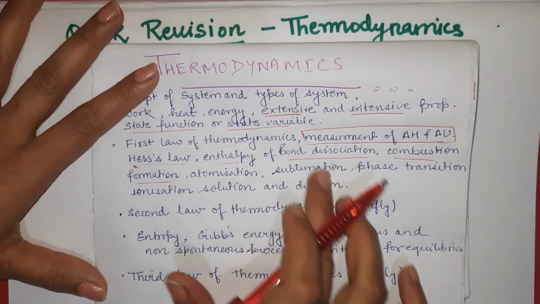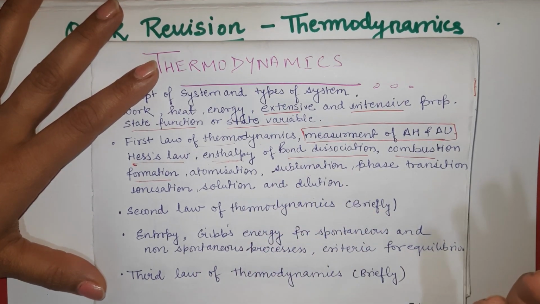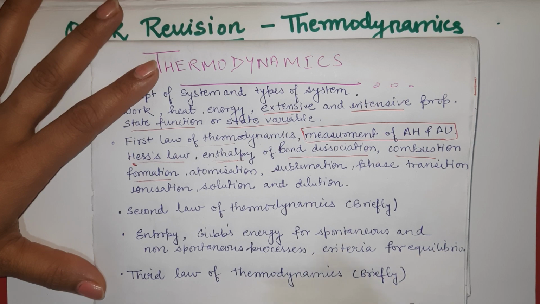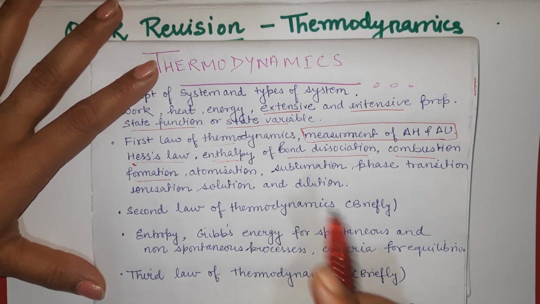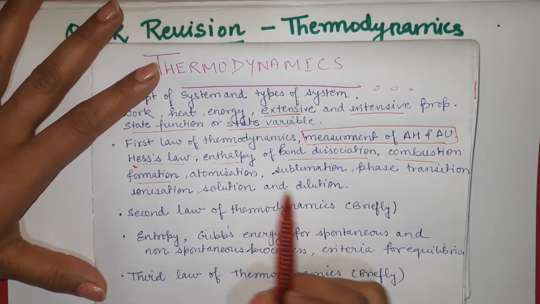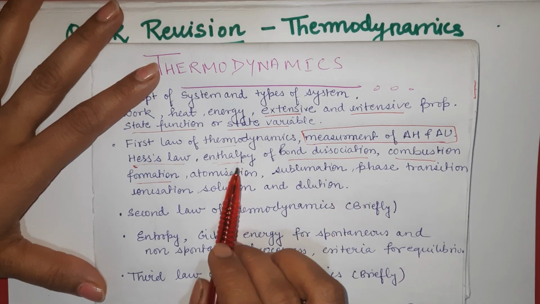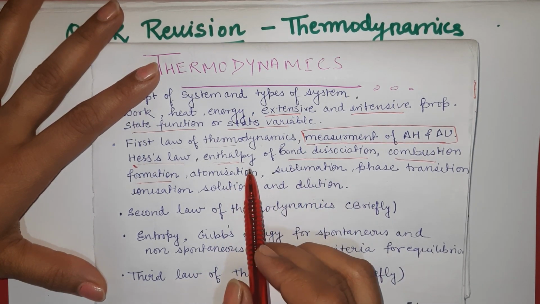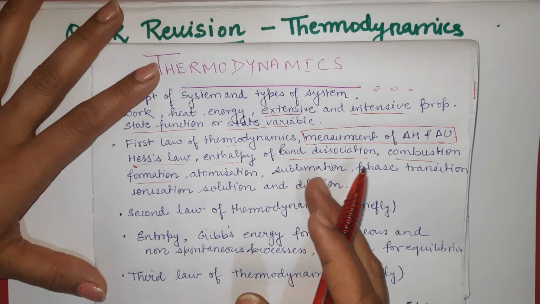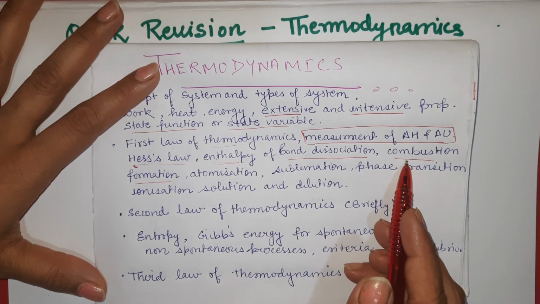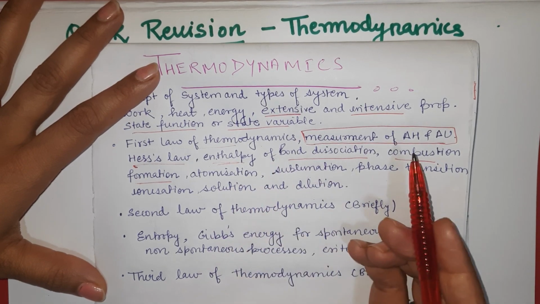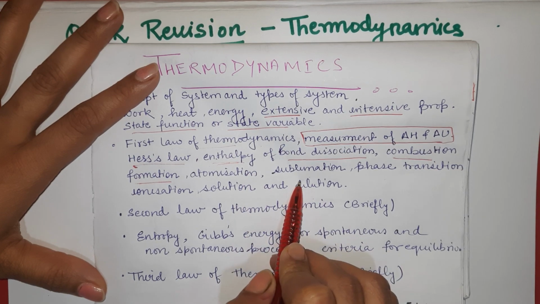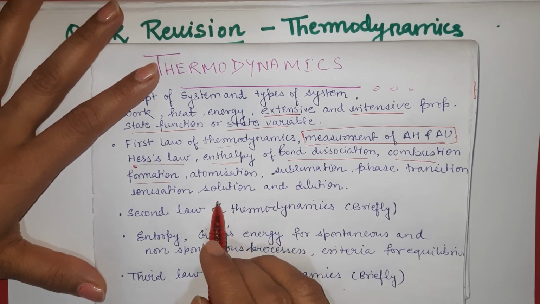So from this topic, how will the question be asked? Here also a straightforward question can be asked: explain the enthalpy of combustion, or explain the enthalpy of sublimation, or explain the enthalpy of solution.